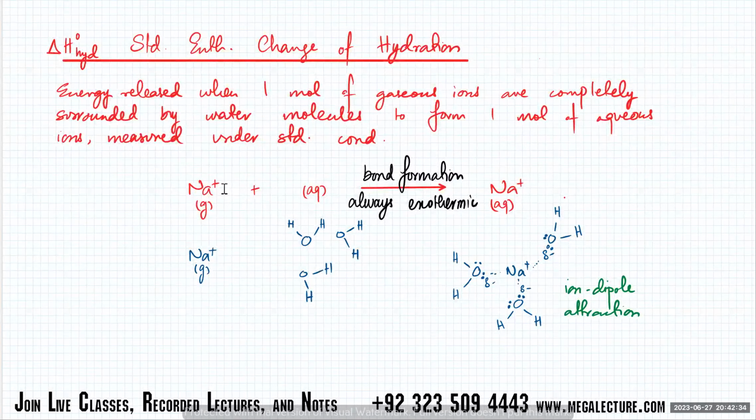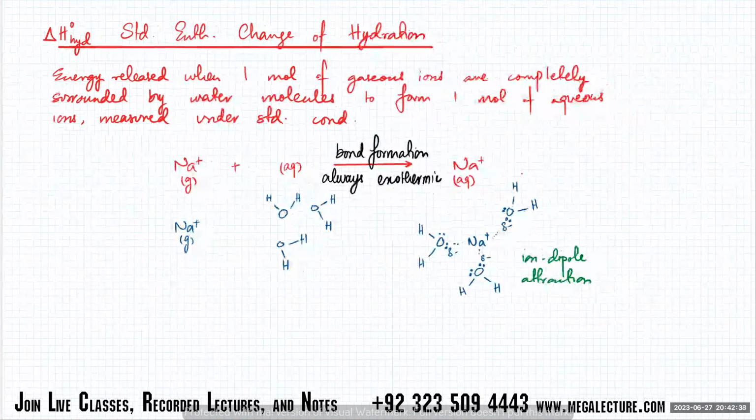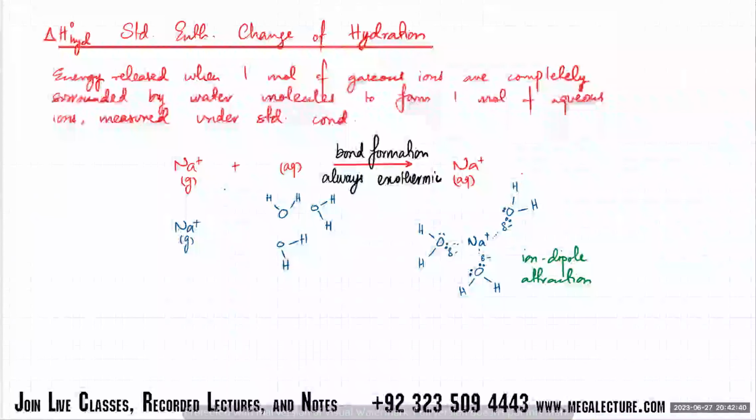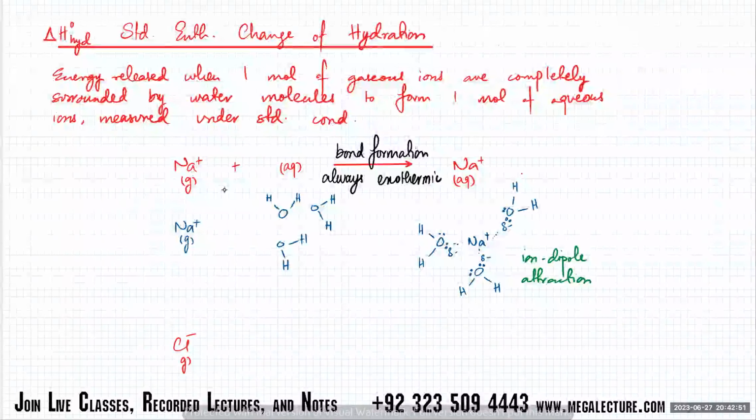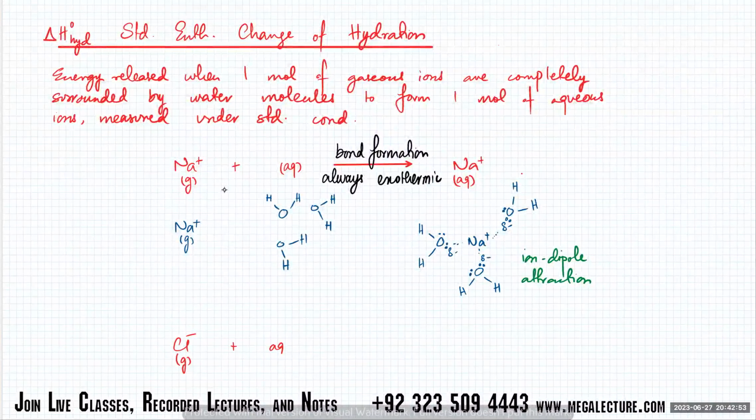So that is simply enthalpy change of hydration of any ion. It could be Cl ions, for some ions you don't have enthalpy change of hydration. Let me just do other examples. Like I've got Cl minus one gaseous. Gaseous simply means that it's not bonded to anything. You mix it in water, and it will become aqueous.